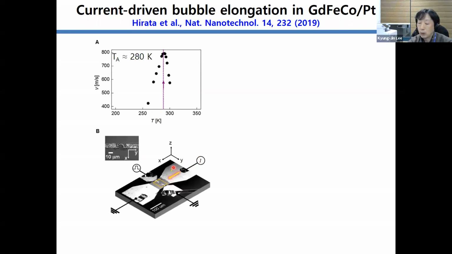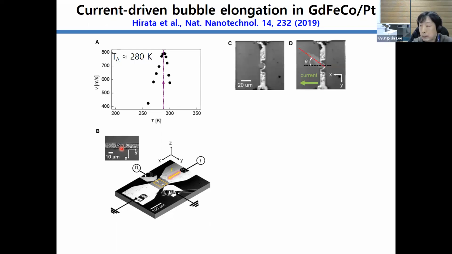Then Teruo Ono's group fabricated this complicated device structure, and it includes this current line. Here you see the hat-shaped structure. The reason for this structure is that when they inject the current, the voltage field concentrates at this region in the direction pointing into this slide or the opposite direction, and it may nucleate the skyrmion or a bubble.